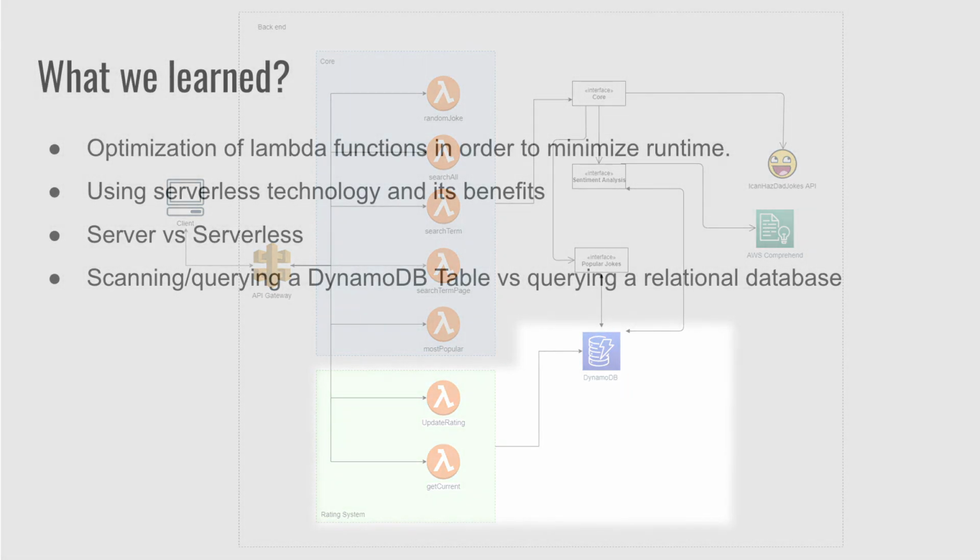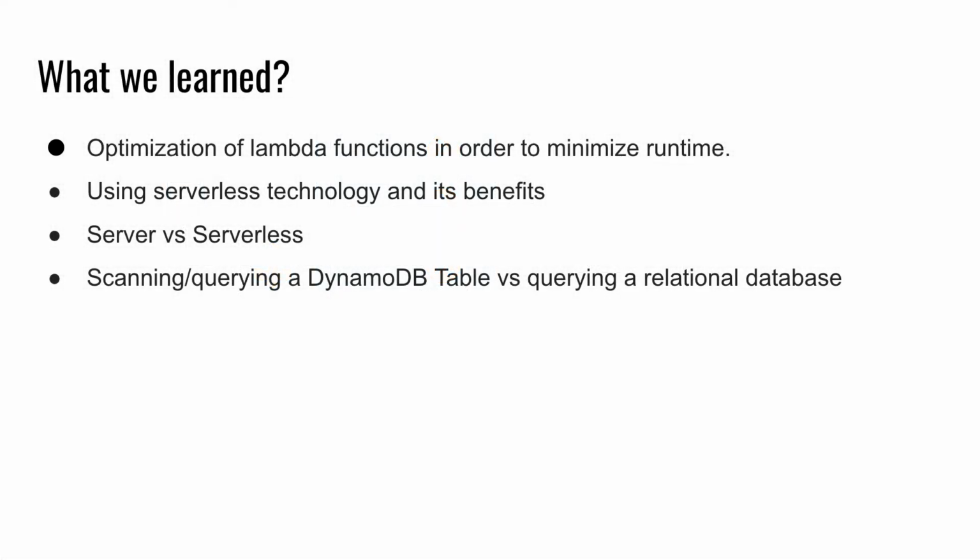What we learned: optimization of Lambda functions in order to minimize runtime. When implementing the rating system, we tested the time spent and built for each Lambda and decided to divide it into two separate functions.